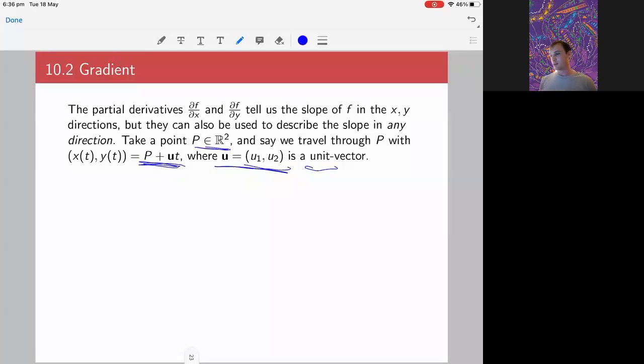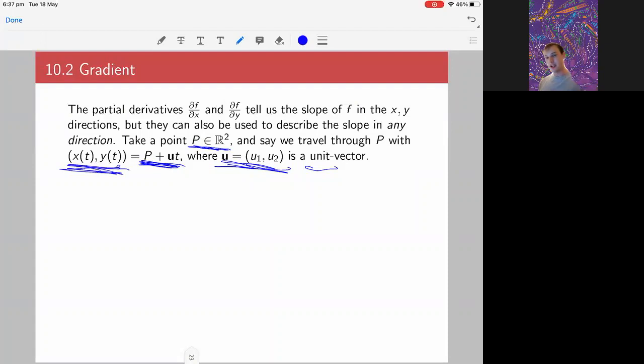All right, back to our gradients. So recall we're looking at a point P in the plane, and we're traveling away from P in a particular direction, and we're going to use the vector (x(t), y(t)) to keep track of this information.